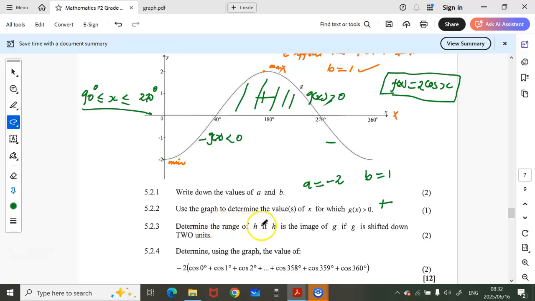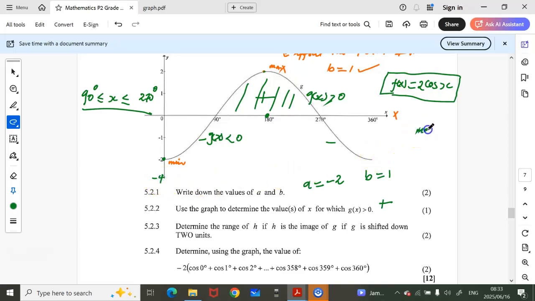5.2.3. Determine the range of h if h is the image of g, if g is shifted down 2 units. If we take this graph and shift it 2 units down, this point here will be at -4, right? And this point here will be exactly at 0. So the maximum turning point will be at 0 and the minimum turning point will be at -4.